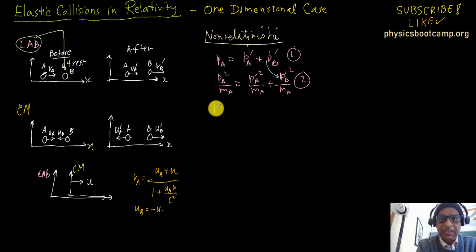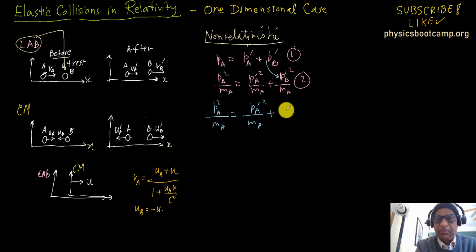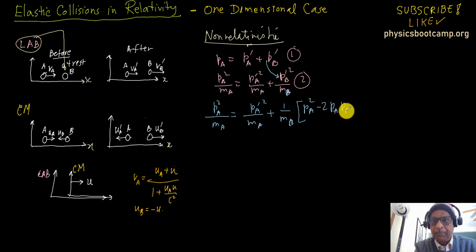So that becomes PA squared over MA equals PA prime squared over MA plus 1 over MB, PA squared minus 2 PA PA prime plus PA prime squared. Let me change gears, because I think it's a little bit better to substitute this.